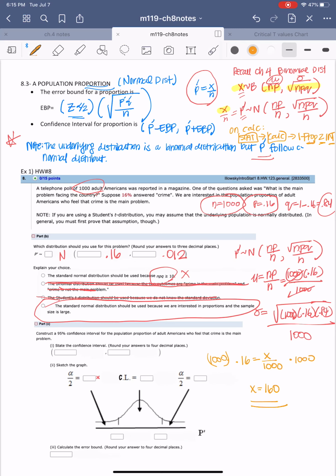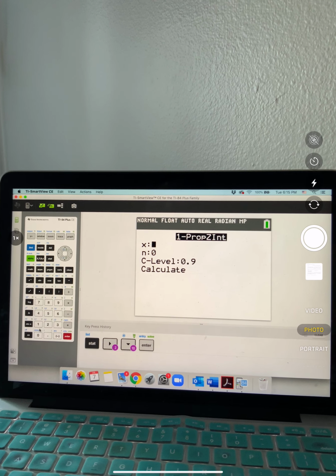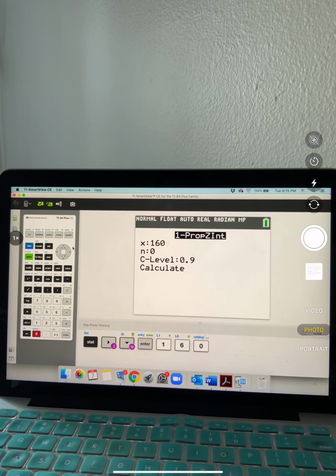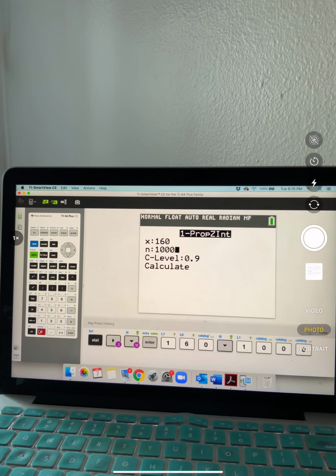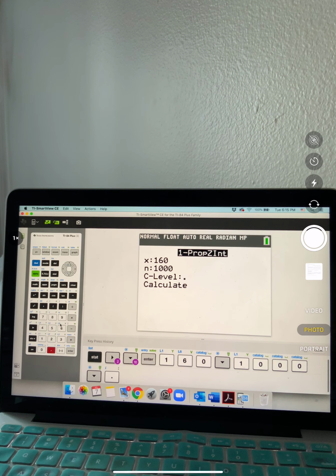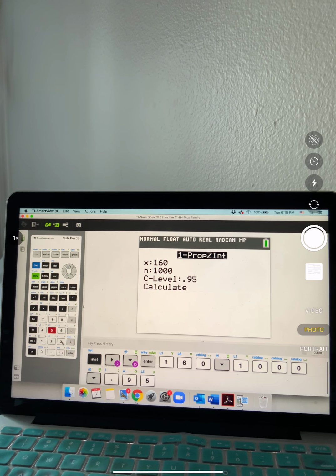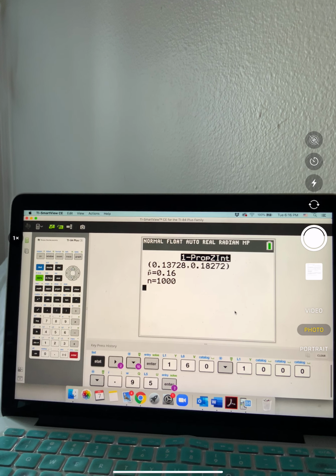So that's your x, and n is 1,000 that you put into the calculator. X was 160, n is 1,000. The problem asks you to construct it with 95%. Calculate. Yep, that's what I have.